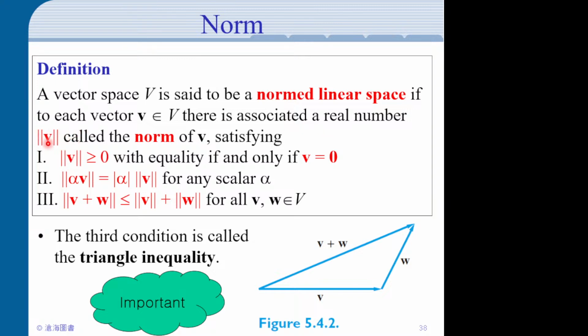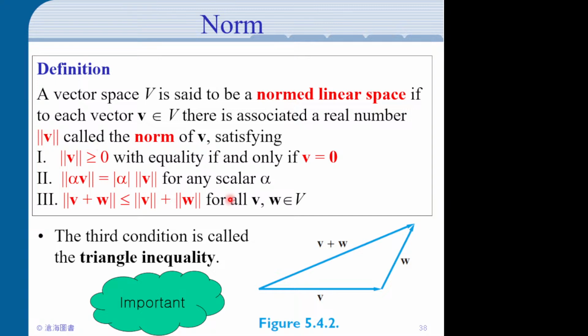So every vector can have a norm. It's basically a function from a vector to a scalar, and we didn't distinguish the notation here yet. So we write this double line, double line, and have our vector inside.